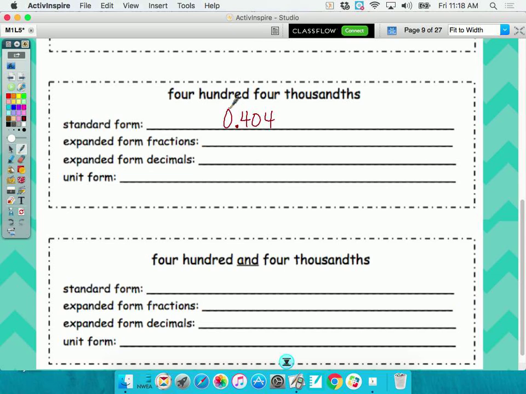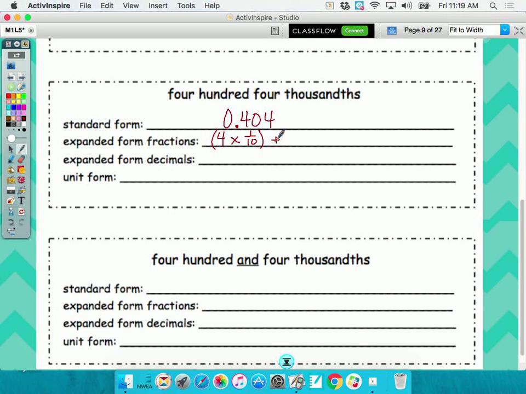Got it? Okay, now how many of you remember where this first 4 was? What place value was it in? Tenths. So 4 times 1/10 plus what? Do I need that 0?